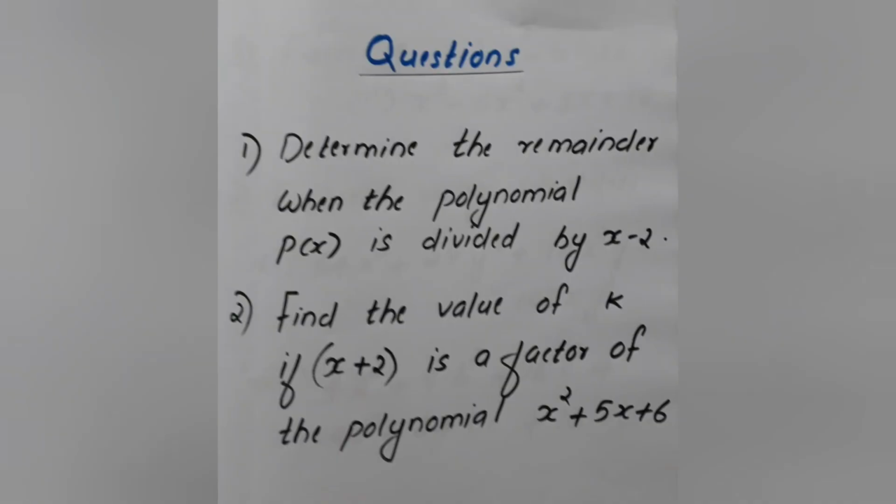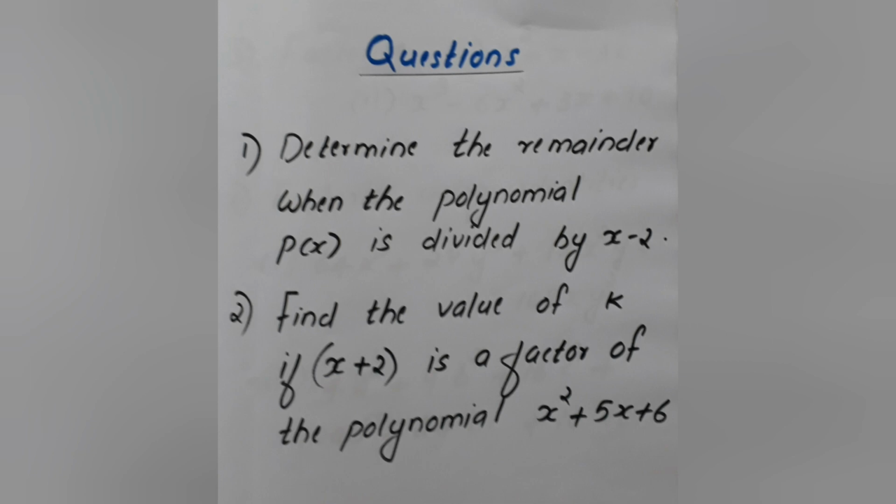Here are some extra questions for you to practice. Question number 1. Determine the remainder when the polynomial p of x is divided by x minus 2. You have studied it. So you have to find the remainder; you can use the remainder theorem.